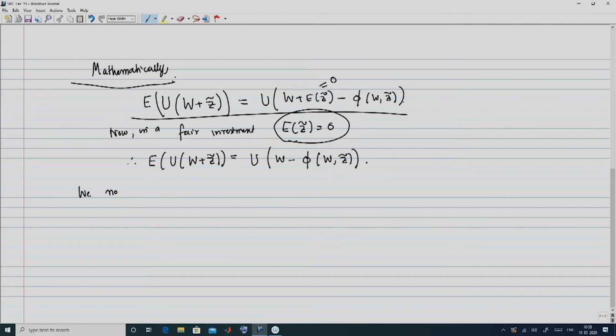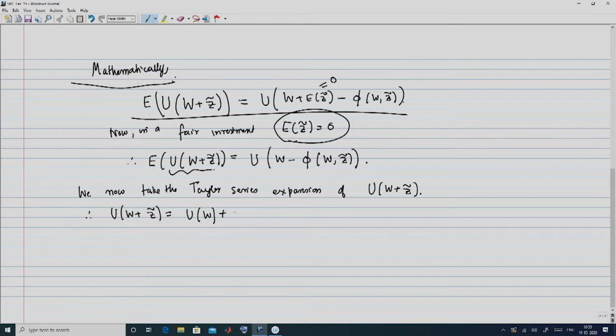We now take the Taylor series expansion of u of W plus z tilde, that is this component. So I take the Taylor series about z tilde.